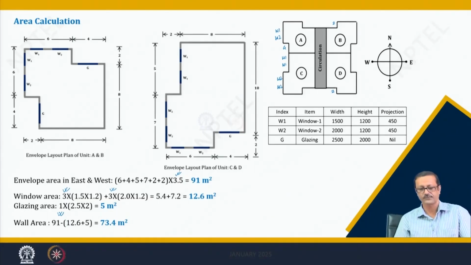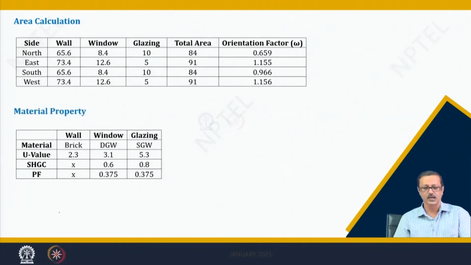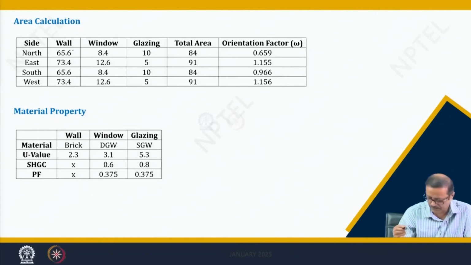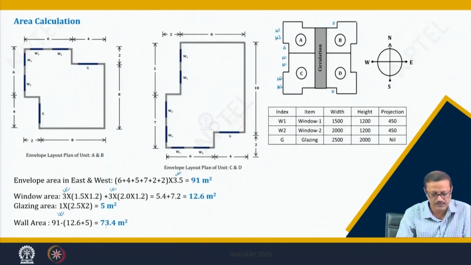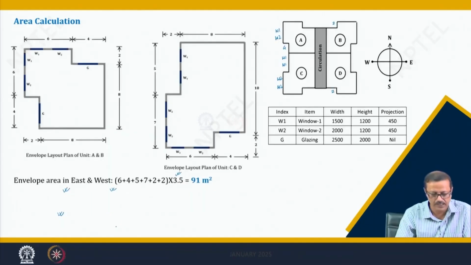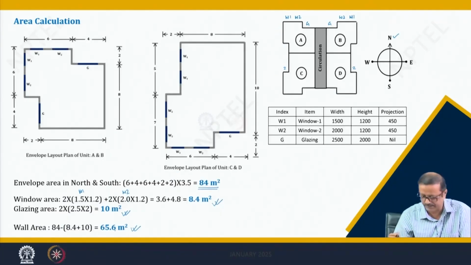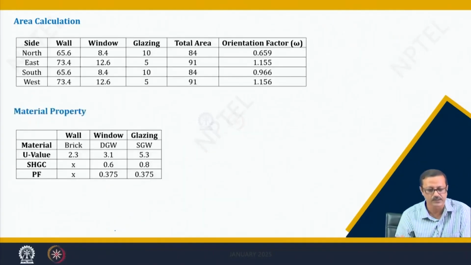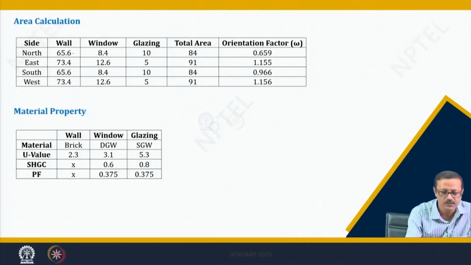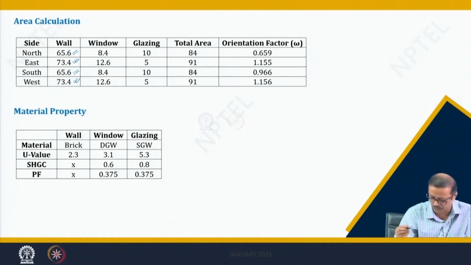I will take that to the next slide, where I have made a chart showing the area calculation. If I go back a bit, 65.6 and 73.4 are the solid wall areas.